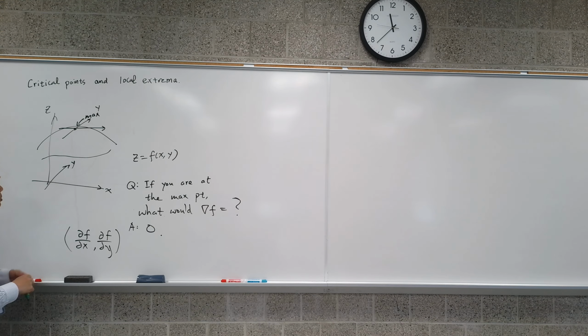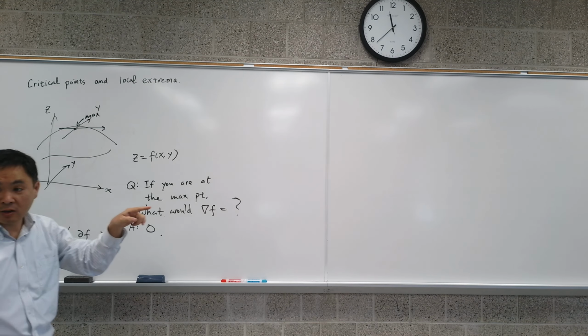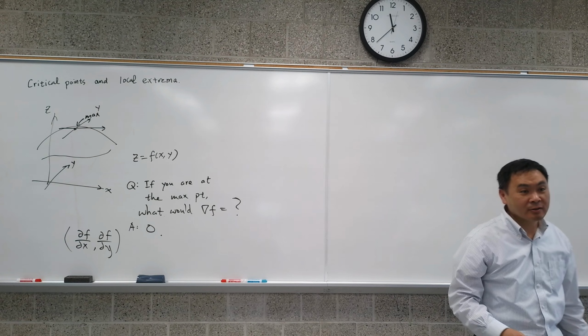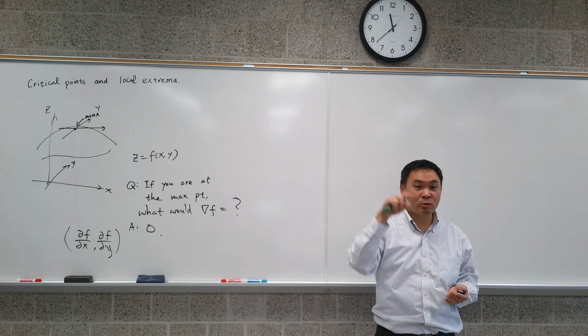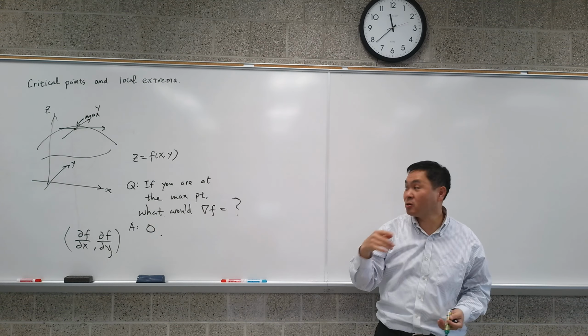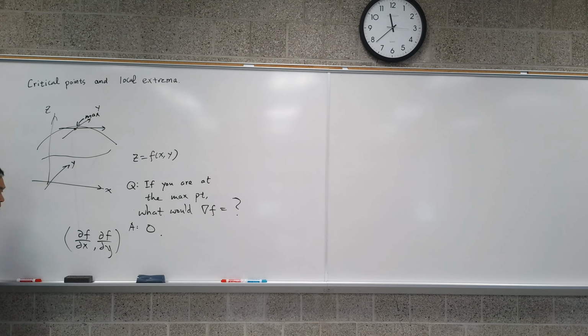But partial derivative means you're trying to take the cross-section with respect to the x-axis and you're looking at its rate of change in the x direction. And that would be simply zero, right? Because it's at the highest peak, the derivative is zero. And that's true for both x and y, so you end up with both components of the gradient being zero.